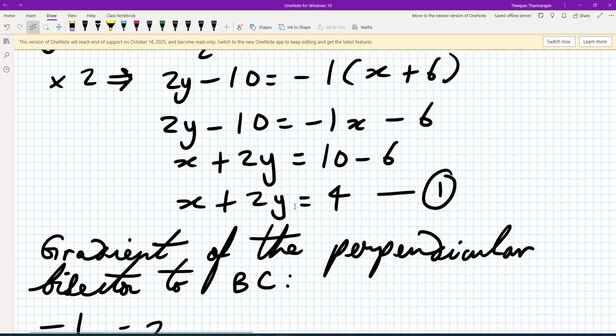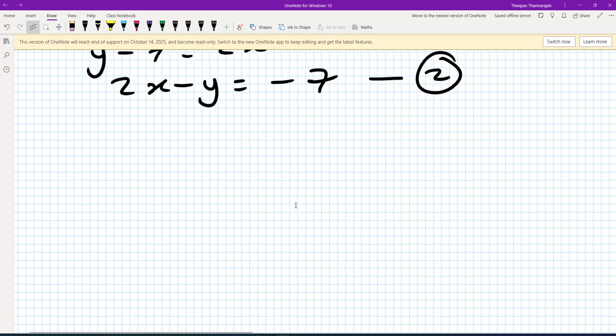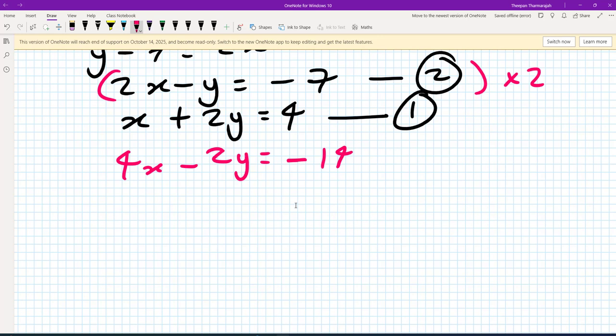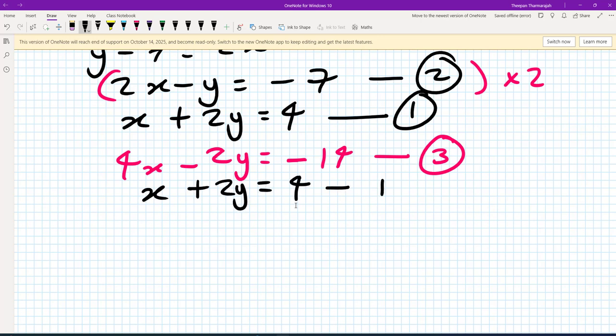So writing the first one underneath it, x plus 2y equals 4. I'm going to take all of equation 2 and times it by 2, so we get 4x minus 2y equals -14, and that's going to be equation number 3. x plus 2y equals 4 is equation 1.